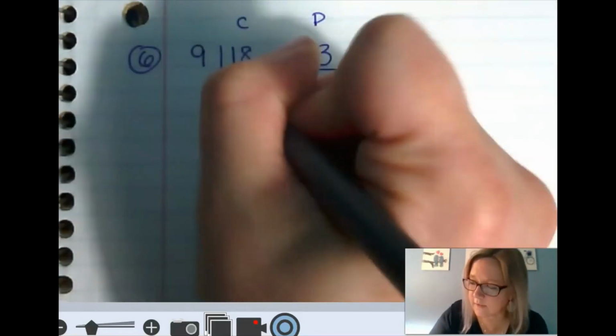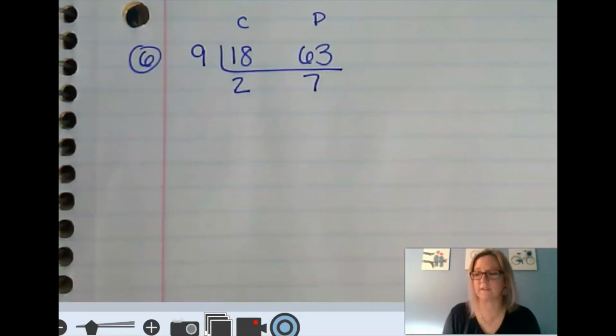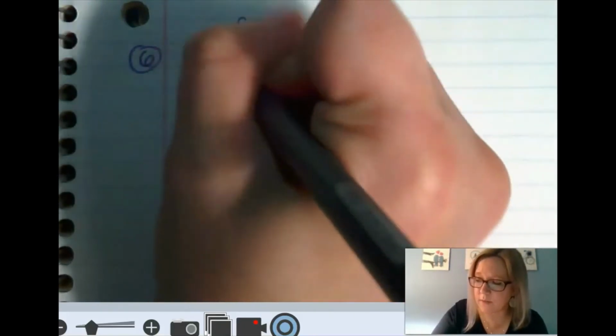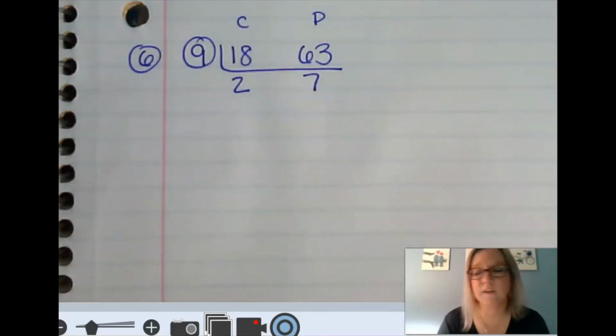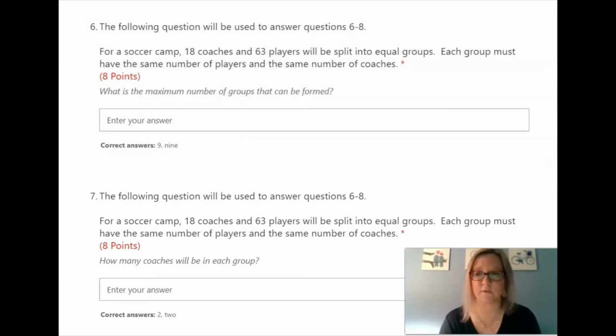Alright, 9 goes into 18 twice, and 9 goes into 63 7 times. Now 2 and 7 don't have any other common factors, so I'm going to stop right there. Alright, and the greatest common factor, remember GCF is on the left. I only have one number, so that answer is 9. So that means the largest number of groups I can form would be 9. So that's the answer for this one.